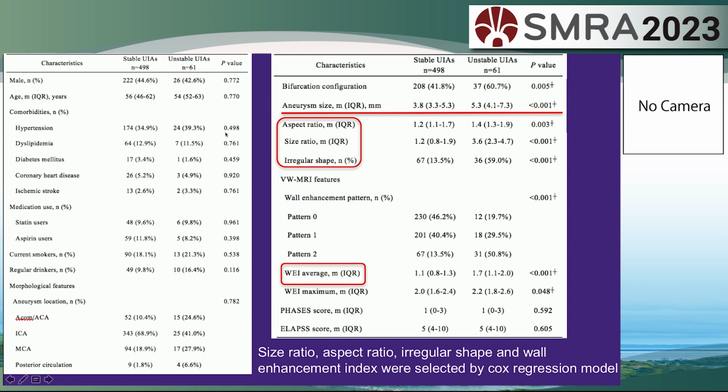You can see the clinical information is very similar, but the aspect ratio, size ratio, and irregular shape are higher or more frequent in the unstable aneurysms, and the size is much larger. There is also a much higher wall enhancement. But PHASES and ELAPSS don't work quite well, possibly because in this cohort aneurysms are on average quite small.